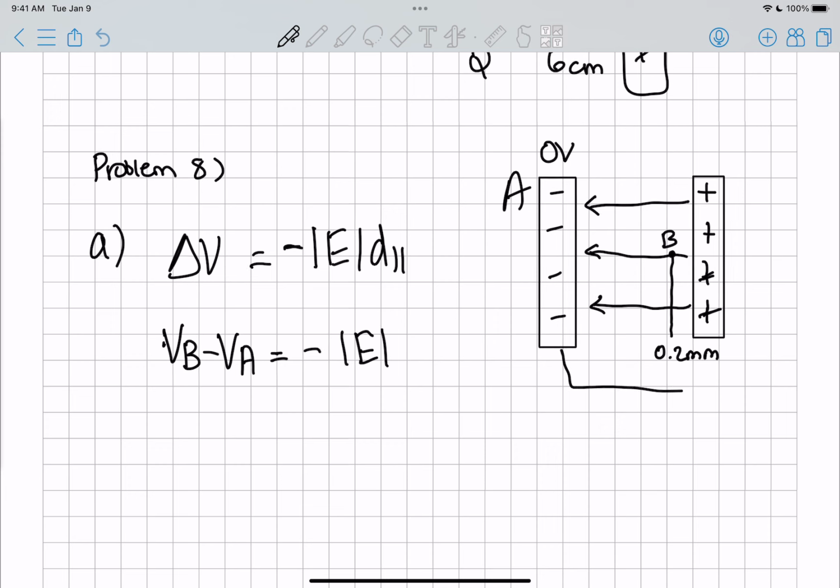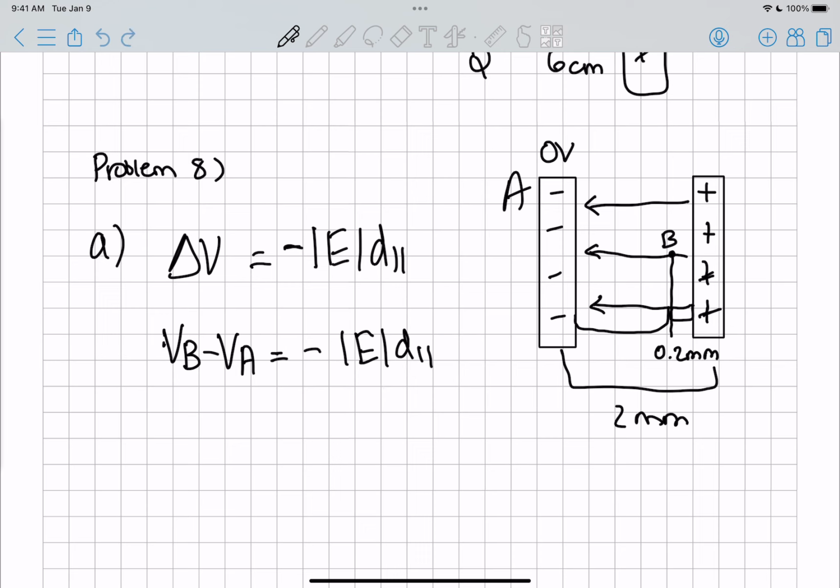We know that the distance between the two plates is 2 millimeters, and the distance between the positive plate and B is 0.2 millimeters. So now we have to figure out from A to B what this is. What would that distance be? 1.8 millimeters.